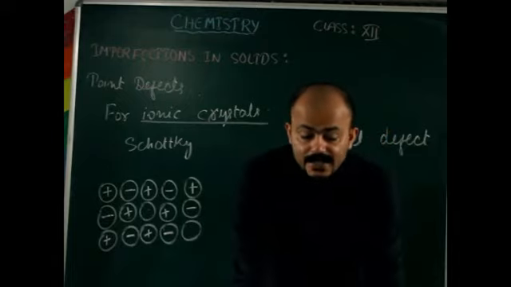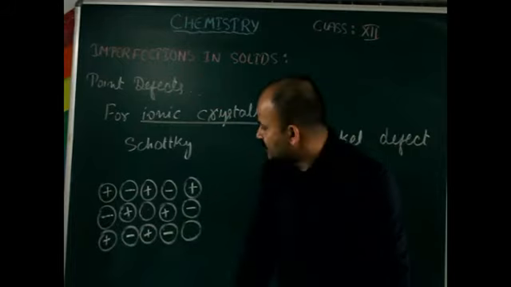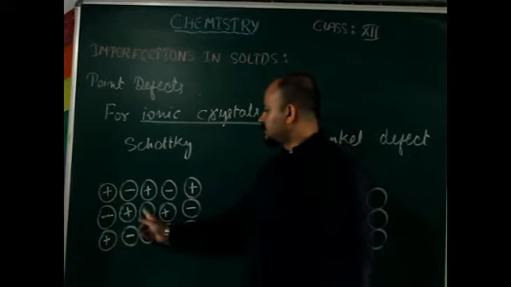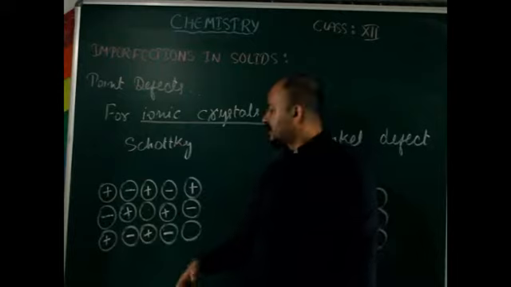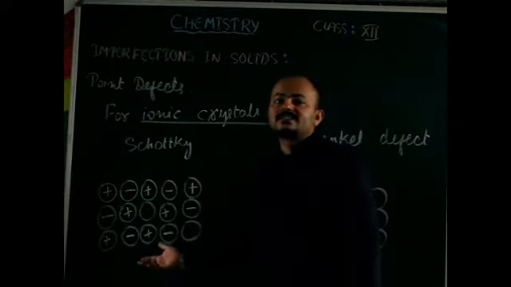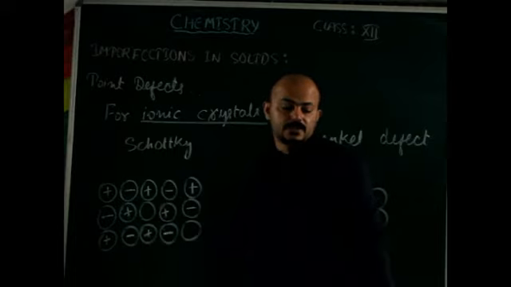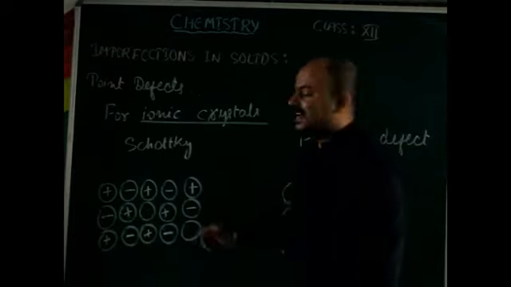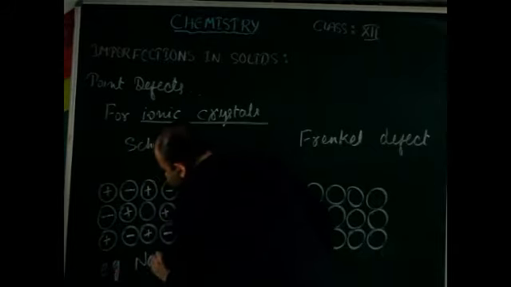So Schottky defect in ionic solids arises in a crystal when the same number of cations and anions are missing from their normal lattice sites, and as a result a pair of holes is formed. So the same number of negative and positive charges have left, and this will cause a decrease in what? Density of this system. An example of this type of defect is NaCl.